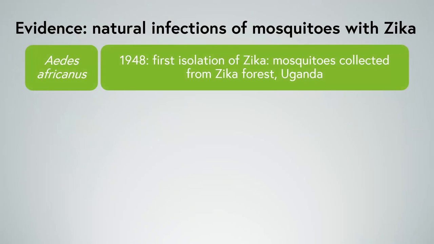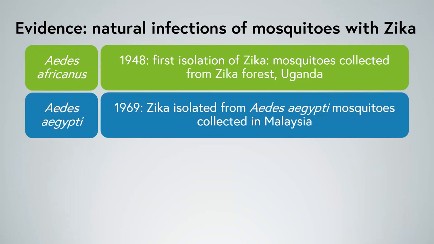The first isolation of Zika virus was from Aedes africanus mosquitoes collected in Zika Forest, Uganda, way back in 1948. The virus was isolated from rhesus monkeys found in the forest at the same time. A study published in 1969 isolated Zika virus from a different species of Aedes, Aedes aegypti, from mosquito collections made in a variety of urban and rural habitats in Malaysia.